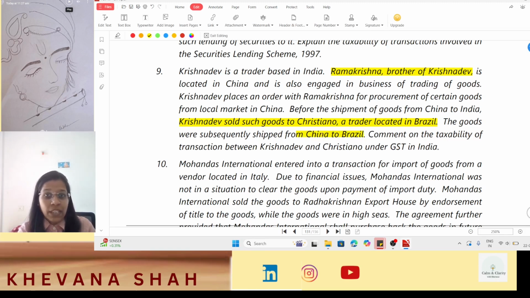So the goods are not entering into India. For taxability to occur in India, the goods should be coming to India. But in this case, since goods are not coming to India, they are being sold from outside only to an outside territory. So GST will not be leviable. What you have to do is comment on the taxability of the transaction. So let's see the answer.